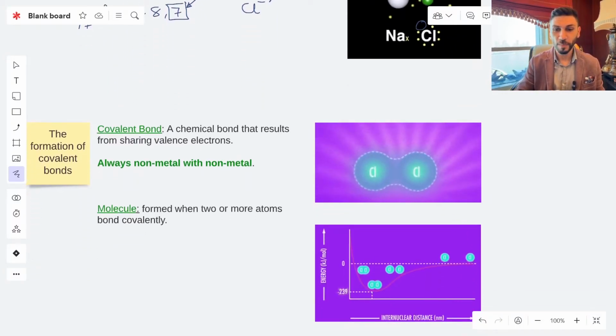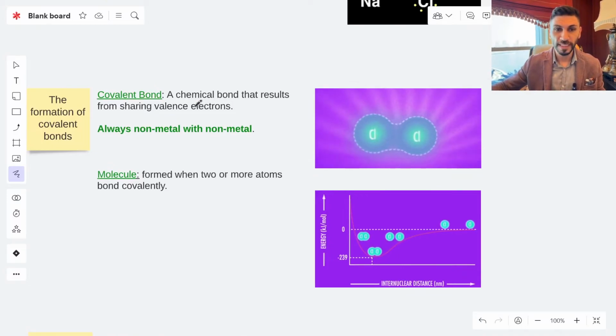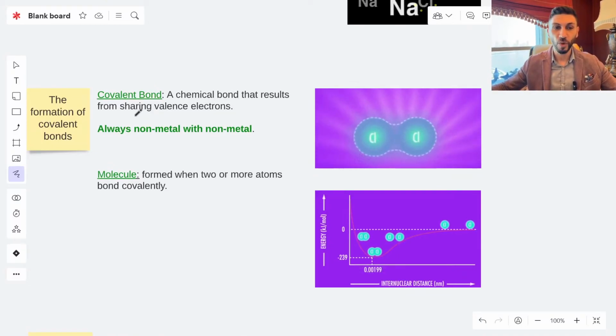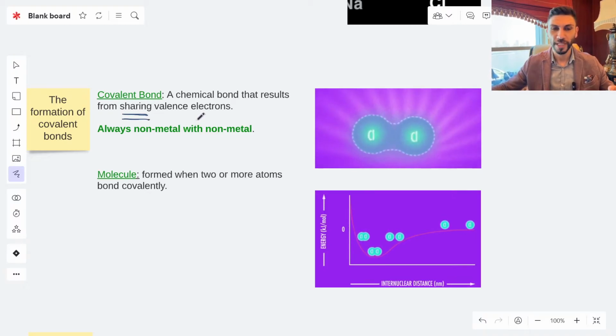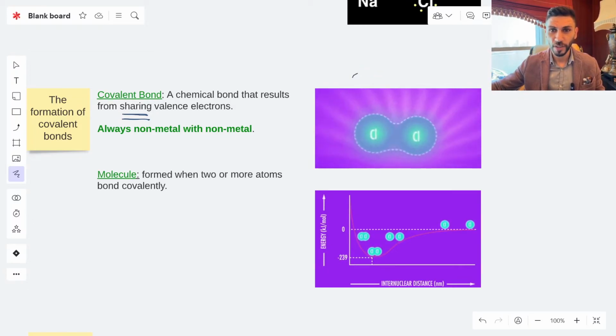But in the covalent bond, this is actually not happening. The covalent bond is a chemical bond that results from sharing the valence electrons, not losing or gaining. As you can see here, we have two chlorine atoms. If you remember the electron dot structure, each one has 7 valence electrons, so 7 dots in their outer shell.